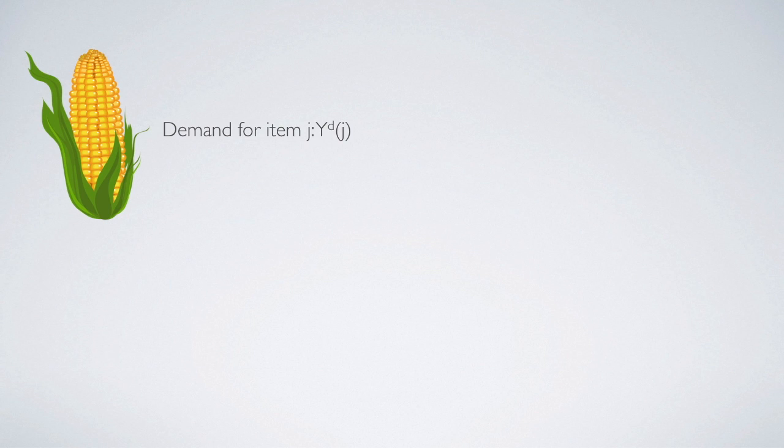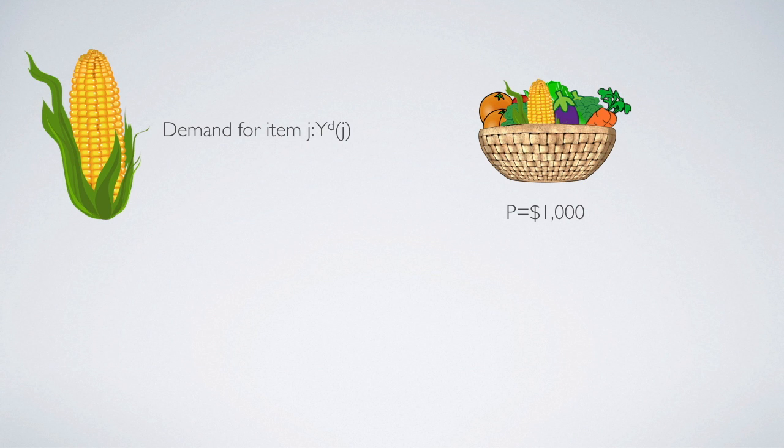So now we want to focus on the demand for one item, J. Here it is corn. So what can affect the demand for this item? First, consider that the basket price is $1,000 for the entire basket. And somehow the price of corn increases from 10 to 20.